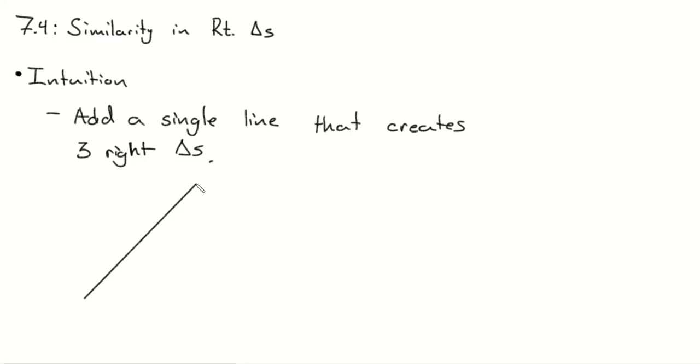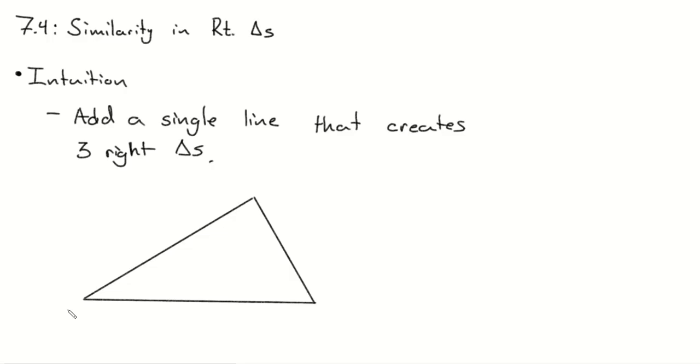A single line to this wonderful triangle. So here's a lovely triangle, and we'll call it LOV. I want you to add a line somewhere on this triangle such that, sorry, I'm going to make one more specific thing. That's a right angle. We're going to add one more line onto this triangle such that instead of having one right triangle on the board, we get 3 total right triangles.